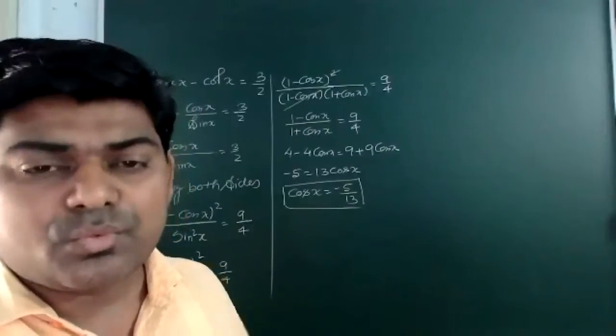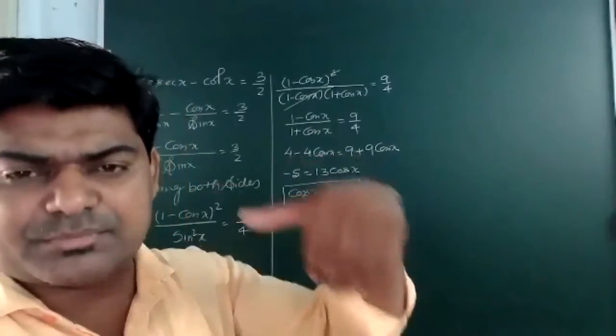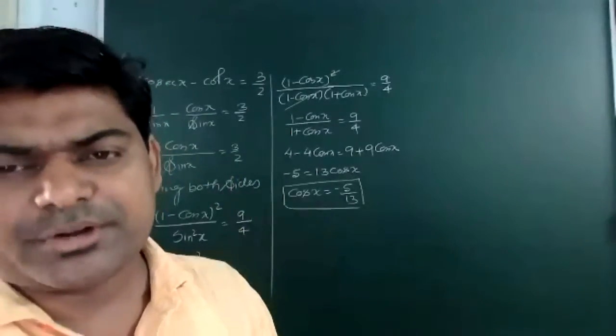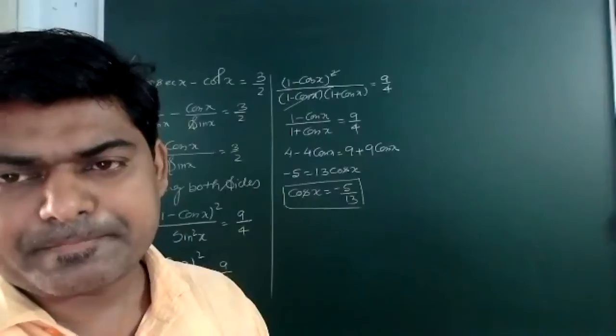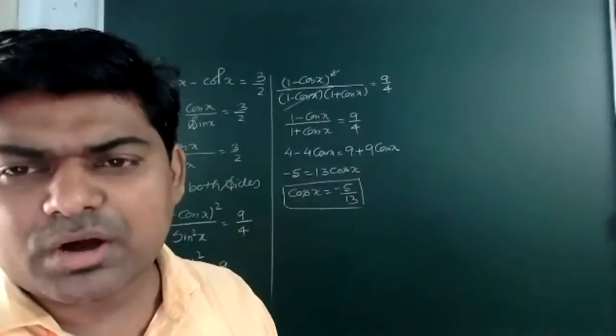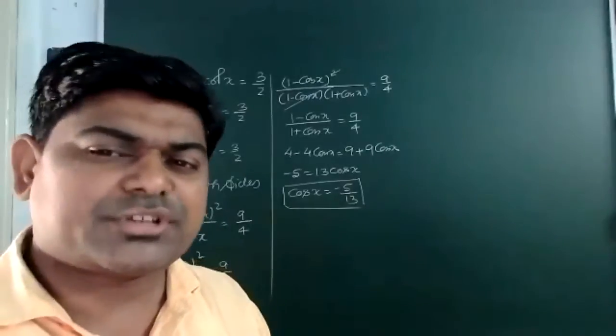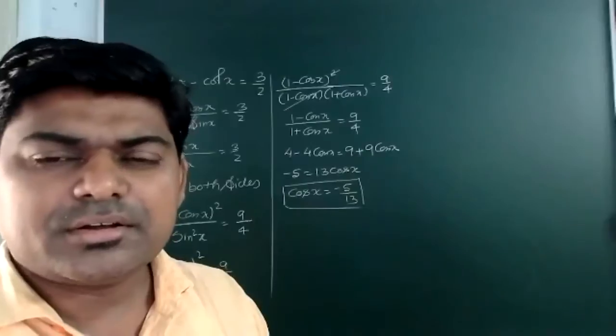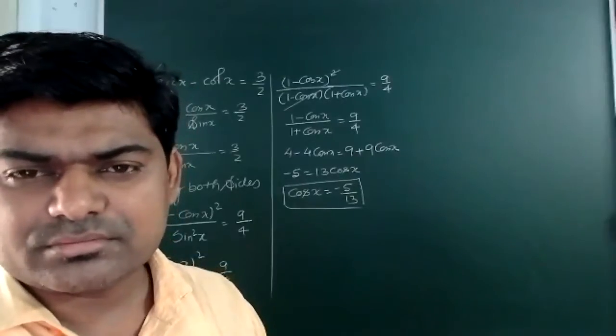But what I was thinking previously is that we can find the value of one more trigonometric ratio from the given equation. Suppose that I am getting the value of cosec x, and if cosec x is positive, then definitely it will be in second quadrant.